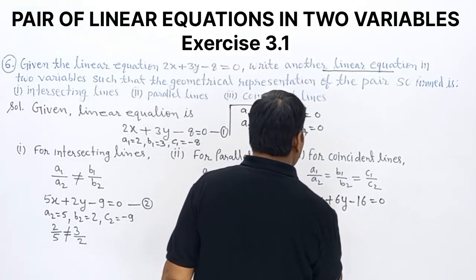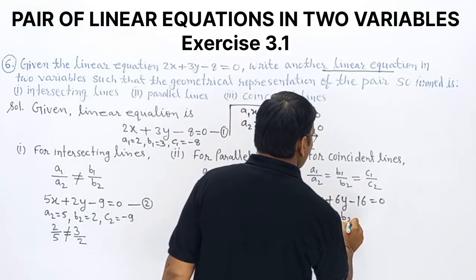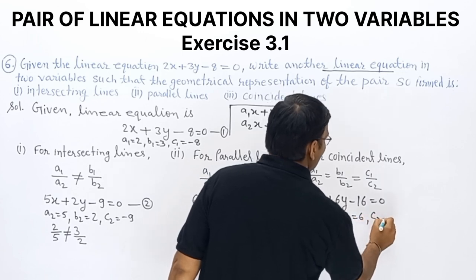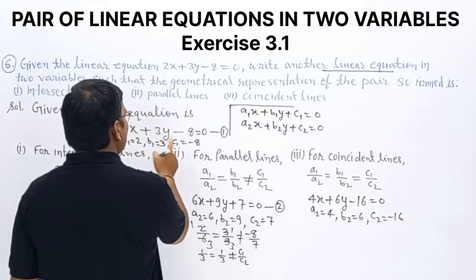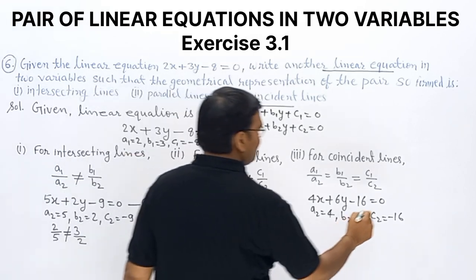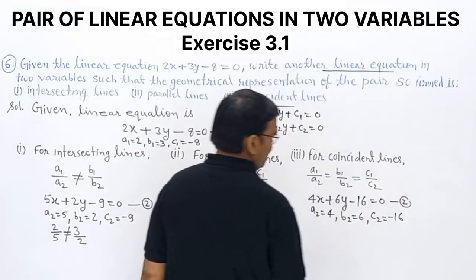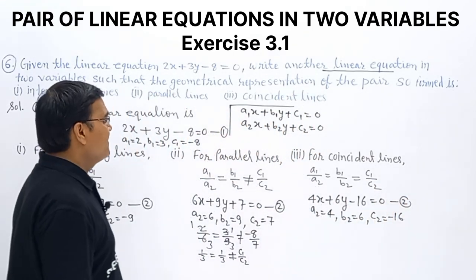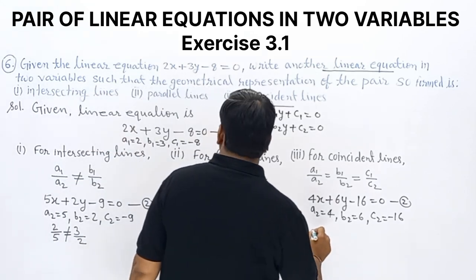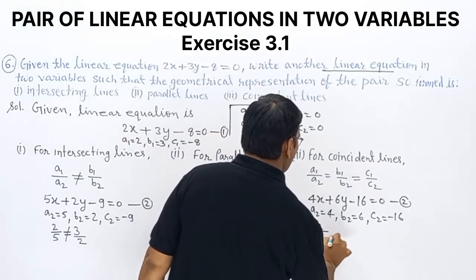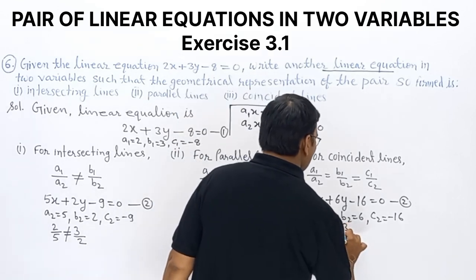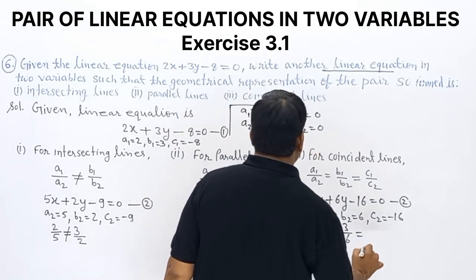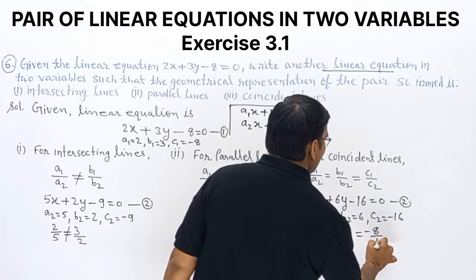Now a2 will be 4, b2 equal to 6, and c2 equal to minus 16. Finding the ratios, a1, b1, c1 are in equation number 1 and this is equation number 2. So what will be the ratio? 2 upon 4 should be equal to b1 upon b2, 3 upon 6, should be equal to minus 8 upon minus 16.